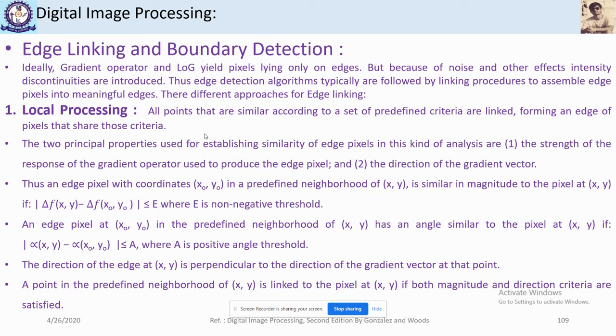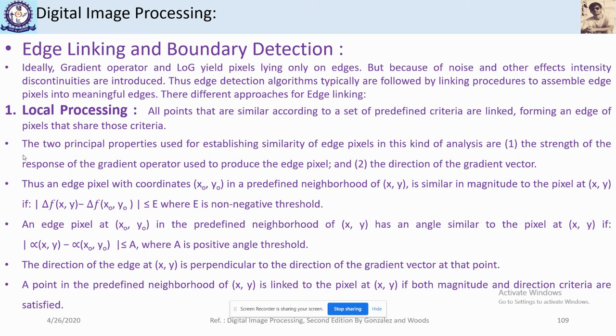Now, if we have got some of the edge pixels and some other points which are similar according to a predefined criteria, then we link those pixels also to the edge. So this is how we perform local processing.